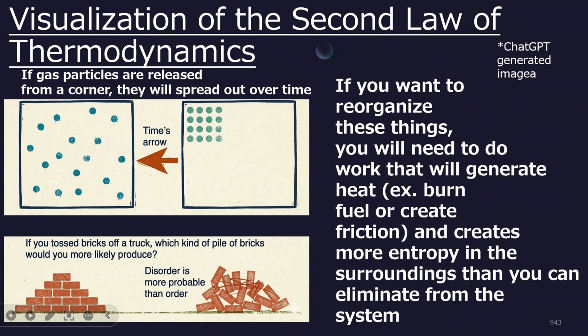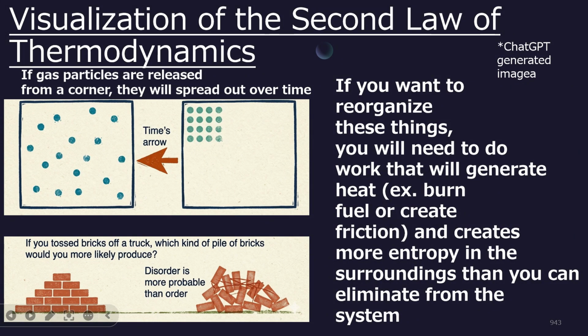Same thing underneath. If you had a pile of bricks, maybe you had it organized on the back of a truck, but then they all fall off. Are they likely to stay in that organized structure? No, they're likely to be completely randomly spread out. Higher entropy situation. That's the spontaneous thing that happens, the more probable thing that happens. Entropy is also related to probabilities. So if you want to reorganize these things, if you want to put all these gas particles back in the corner, or if you want to rearrange all these bricks in a nice tower, you need to put in work.